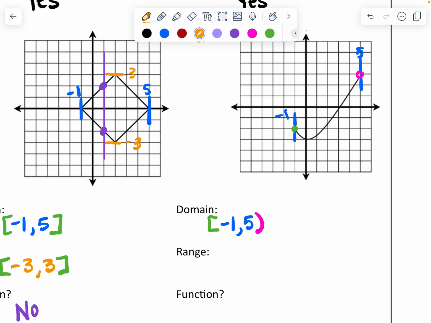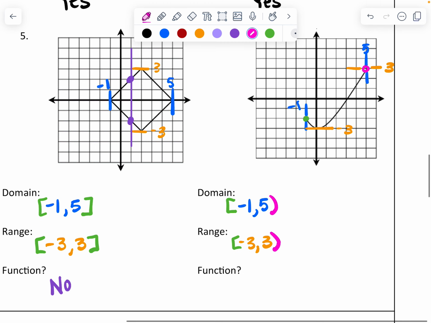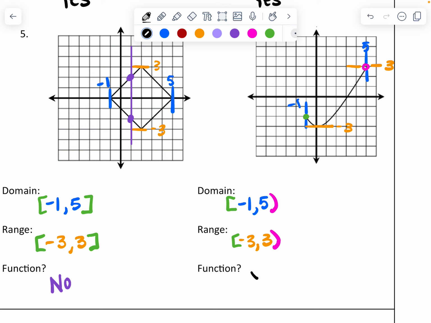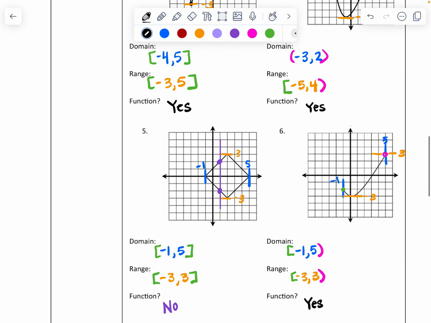The range, here is my lowest point, -3, and my highest point is +3. I will have a bracket at the bottom and a parentheses at the highest point. This is a function. There are no places in this graph where you could pass twice with a vertical line. That's what you'll be determining in today's practice.